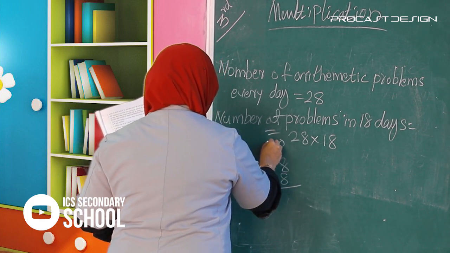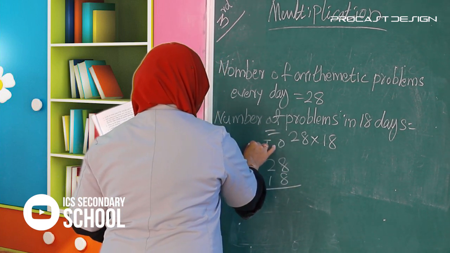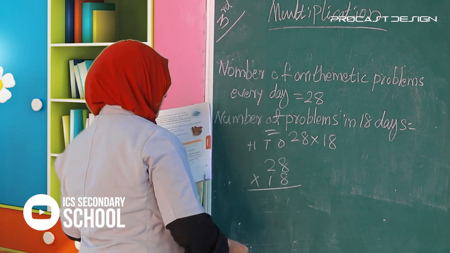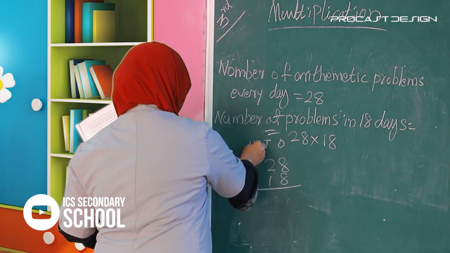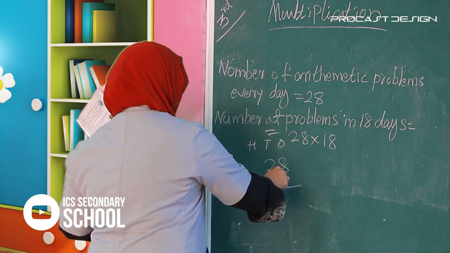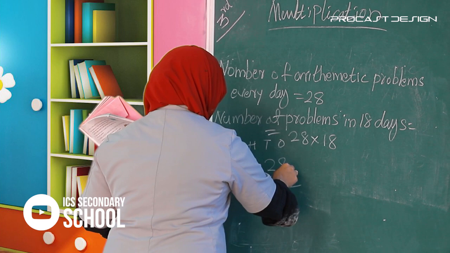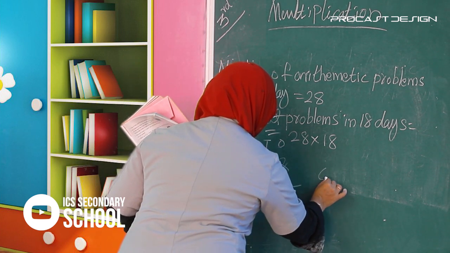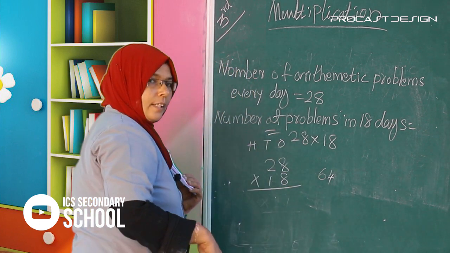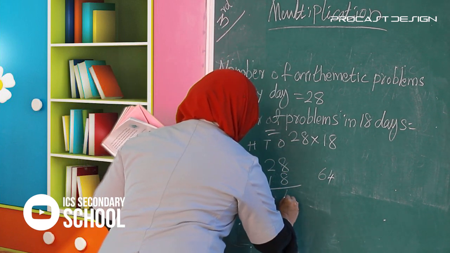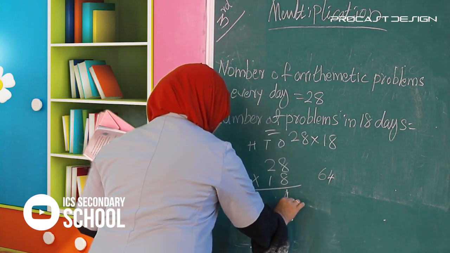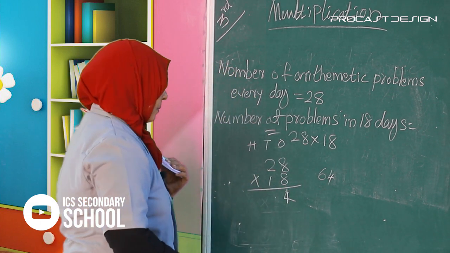This is the ones place, next tens place, hundreds place. Listen. First of all, we do 8 into 8, 64. Write 4 in ones place.